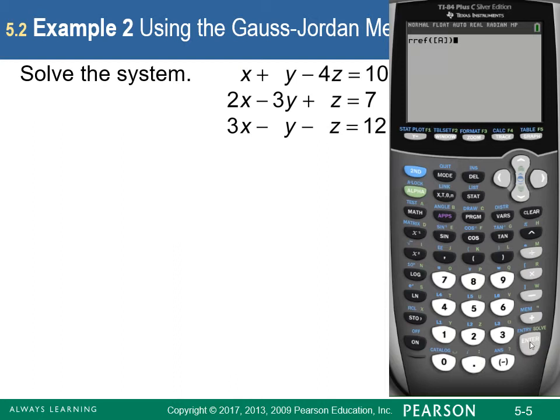And if you've used the same letter like I did, you don't have anything else to do except just press enter, and here's your answer. Now again, because the left hand square of this matrix has 1, 1, 1 in the main diagonal and zeros everywhere else, then the answers in order are x equals 3, y equals negative 1, and z equals negative 2.